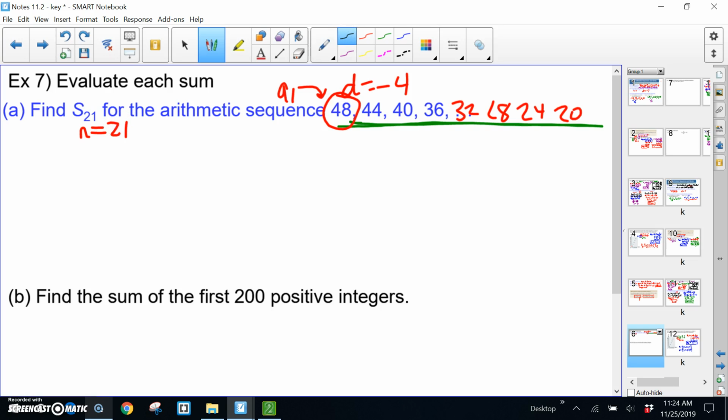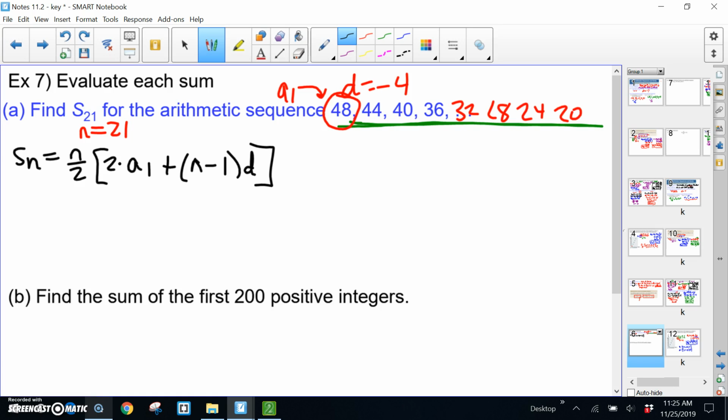Let's look at that formula real quick. Sn equals n over 2 times the quantity 2 times A1 plus n minus 1 times D. So we have everything that we need. We have n, we have A1, and we have D. So we ought to be able to do this.